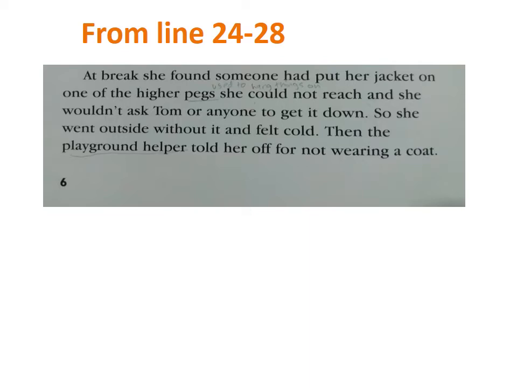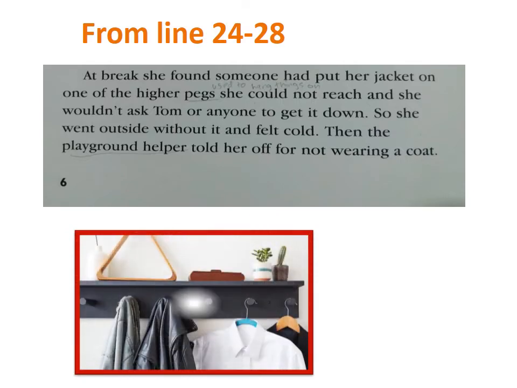Now, during the break, she found that someone has kept her jacket on a higher peg. Do you know what a peg is? Yes, you can see this picture. It's a peg. We use a peg to hang things on.